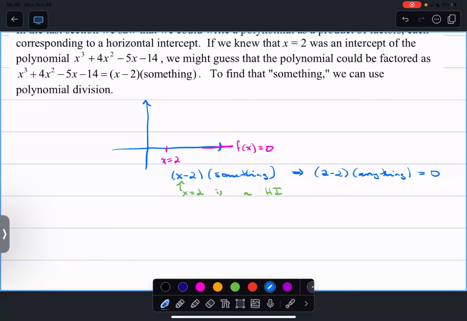And so that's why having it all factored makes it easier to find the horizontal intercepts. And so what we want to do today is figure out a way that we can pull out an x minus 2 from some polynomial, which means long division.